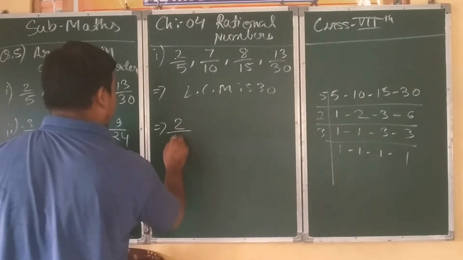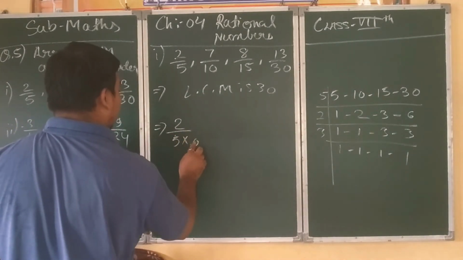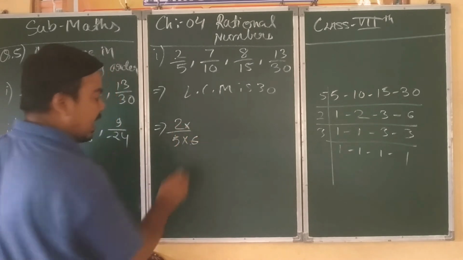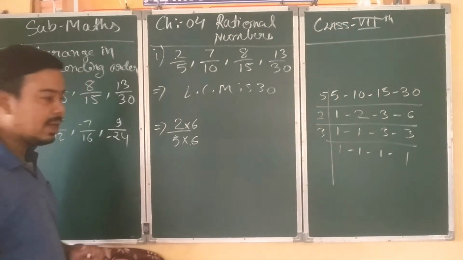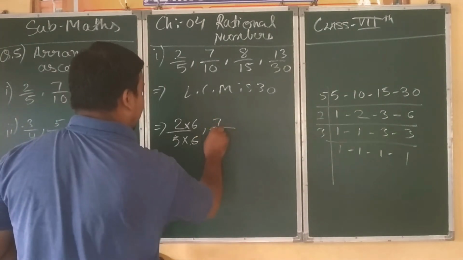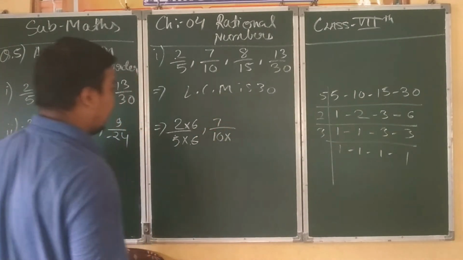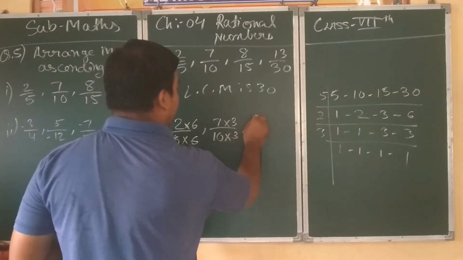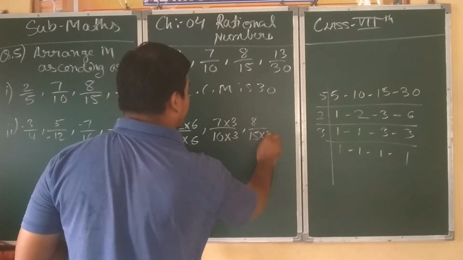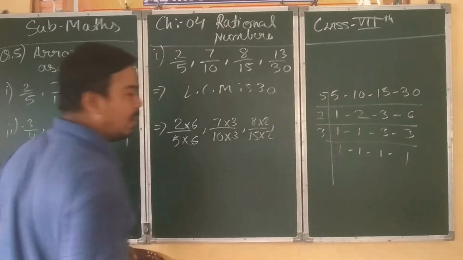The next step is, now we make the denominators equal. 2 by 5 is multiplied by 6, then we get 30, so the numerator is also multiplied by 6. Then 7 by 10 is multiplied by 3, so the numerator is also multiplied by 3. 8 by 15 is multiplied by 2, so the numerator is also multiplied by 2.